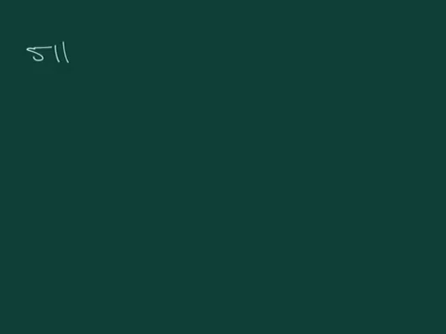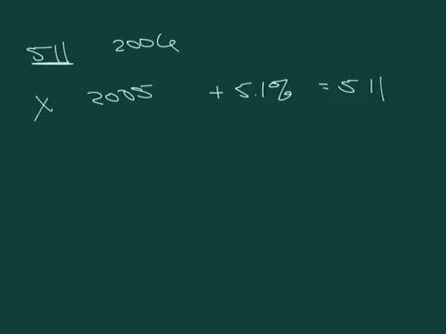Okay, so we know that when we took the amount we spent, this is 2006. When we took the amount we spent in 2005, because we don't know that, that's what we're looking for, and we increased it by 5.1%, we get 511.